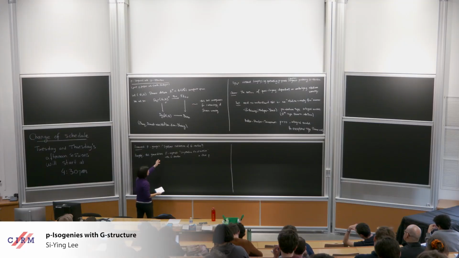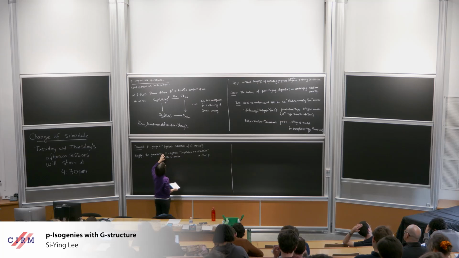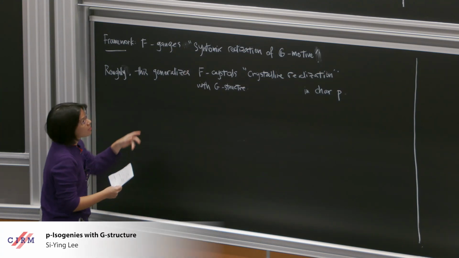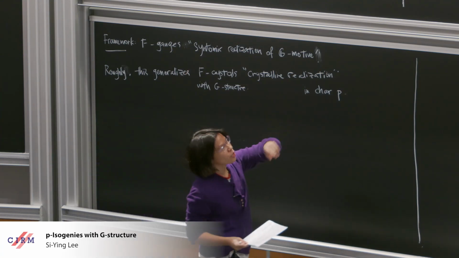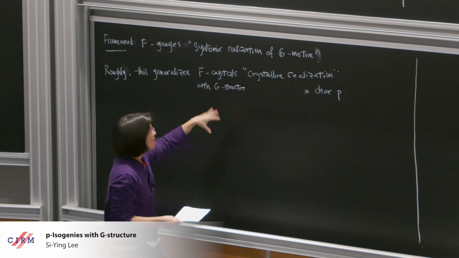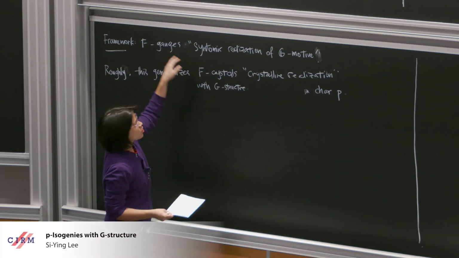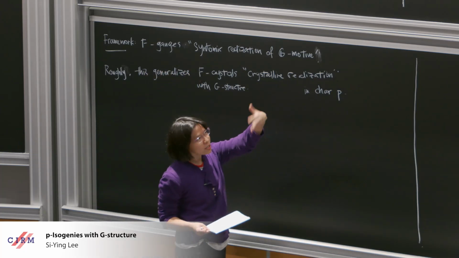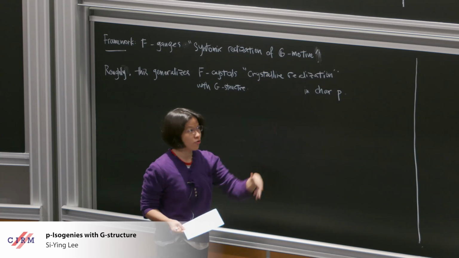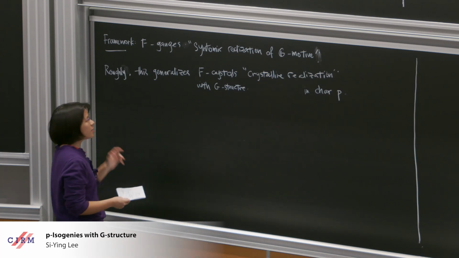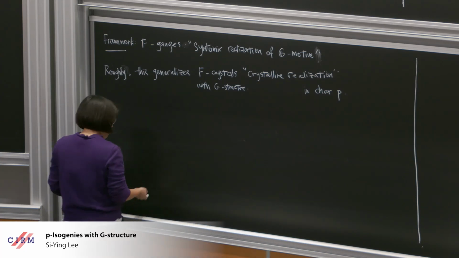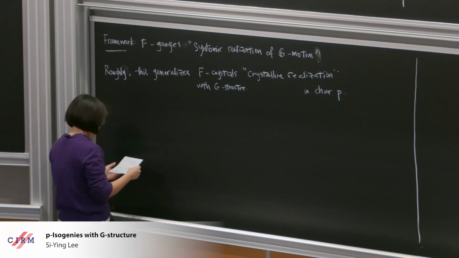One way in which we can make this analogy explicit is that in a setting where we do have access to the abelian variety, we expect that this F-gauge is related to some cohomology, for instance the prismatic cohomology of the abelian variety, and that's shown more or less by the work of various people.